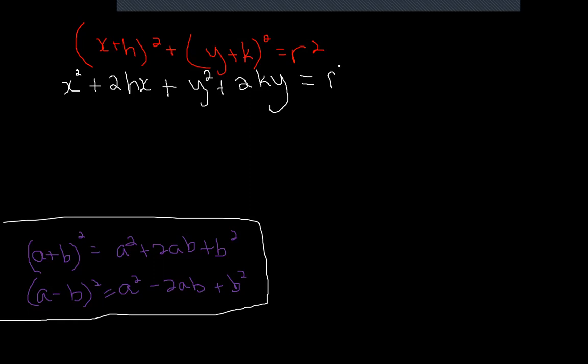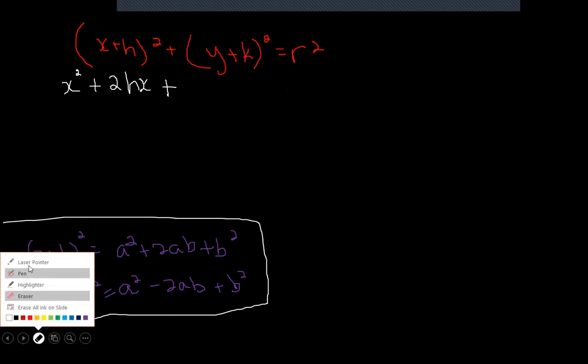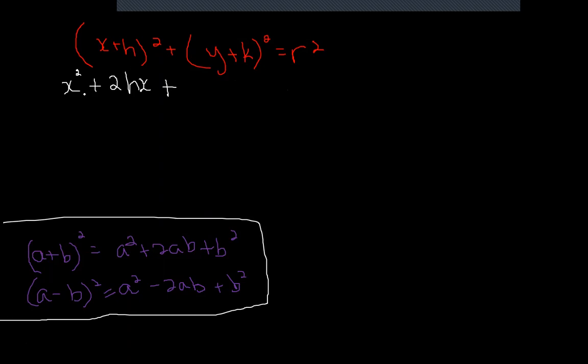Sorry, I forgot something. So 2ab, we have that, then b squared. H is b, so I'll put h squared in.